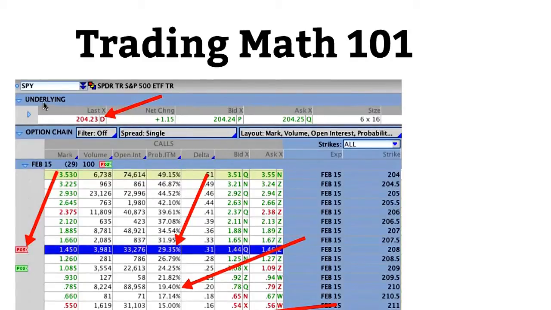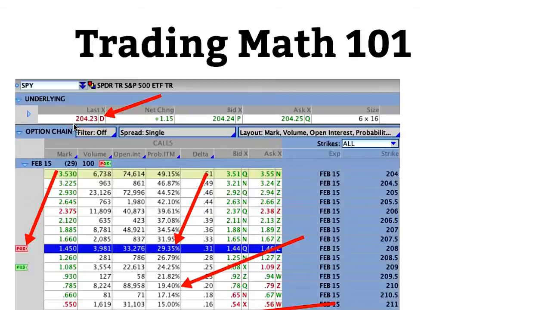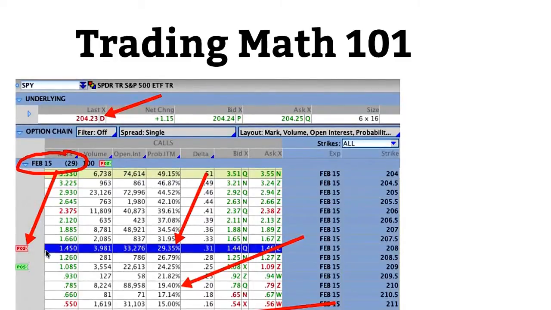And currently SPY is trading right at 204.23. Now, in the next month, these are the February contracts, which are 29 days out. You can see that we are in a position right now where we're selling a spread or selling options above the market at the 208 strike price.